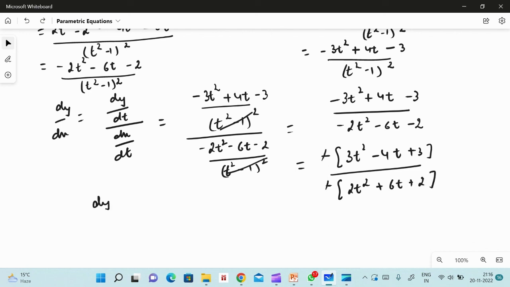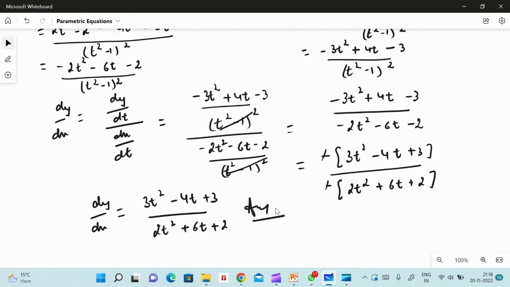My answer for dy by dx is equal to 3t square minus 4t plus 3 divided by 2t square plus 6t plus 2. So this is my solution.